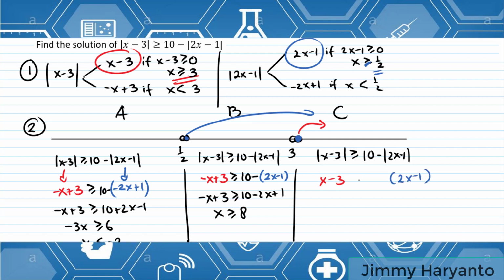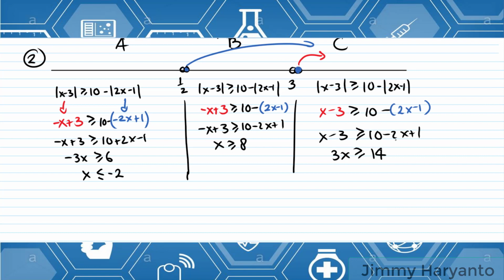For the rest of the questions I will copy it also. X minus 3 greater than or equal to 10 minus 2x plus 1. Move the negative 2x, 3x greater than or equal to 10 plus 1, 11 plus 3, it's 14. Is it correct? Yes. So x greater than or equal to 14 over 3.